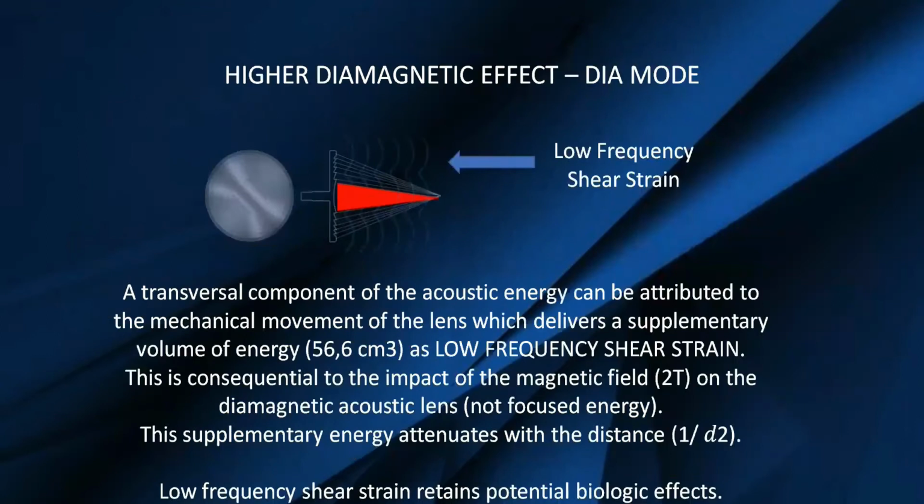Separately from the pressure, here we can see the acoustic lens that produces the shock waves. We have the concave part of the lens that is the most important to generate focused shock waves. But at the same time, we have the movement of the lens that gives a certain part of mechanical energy nearby the focus.